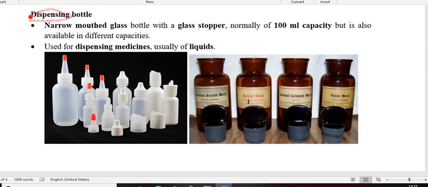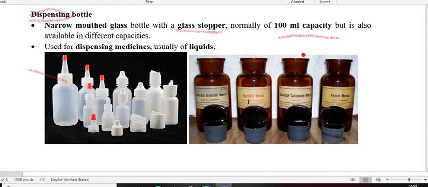This is also narrow mouthed to check the spillage of the drug, and has a glass stopper, and a volume of 100 ml capacity, but is also available in different capacities. It is used for dispensing medication, usually liquid preparation. So this is all about the dispensing bottle.